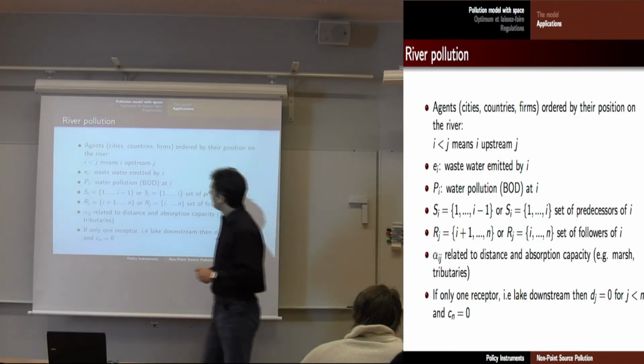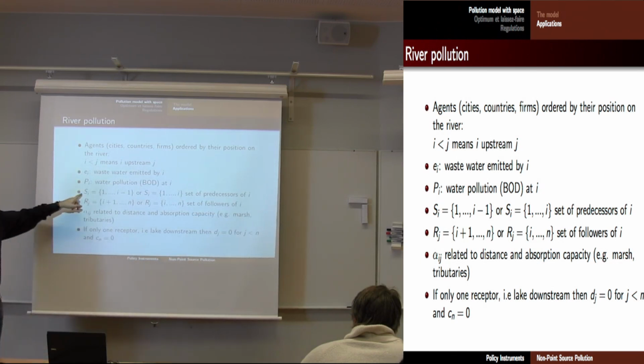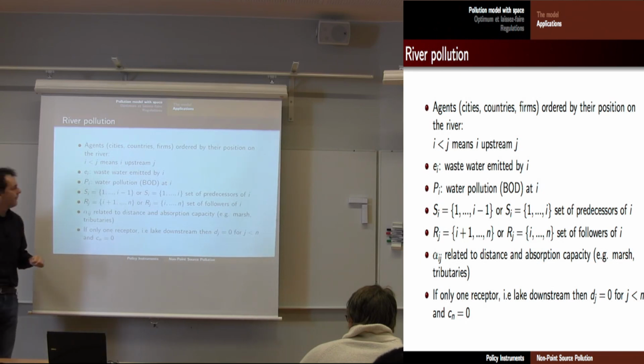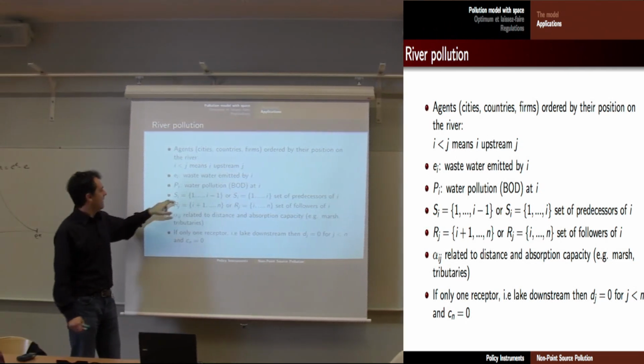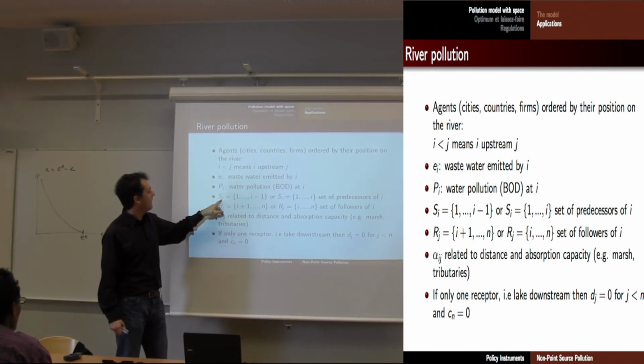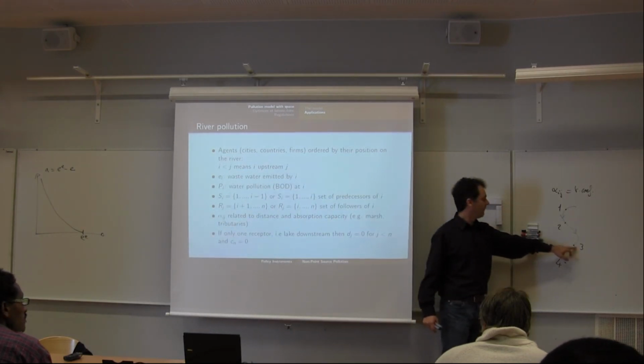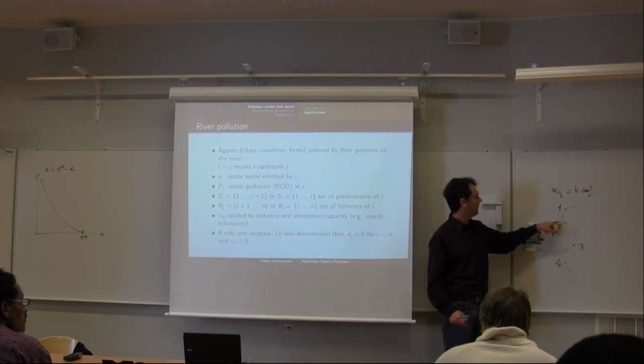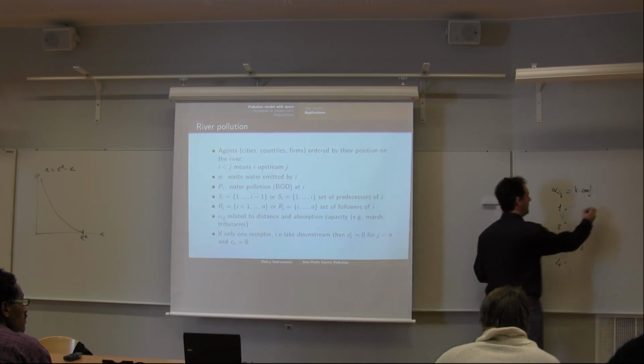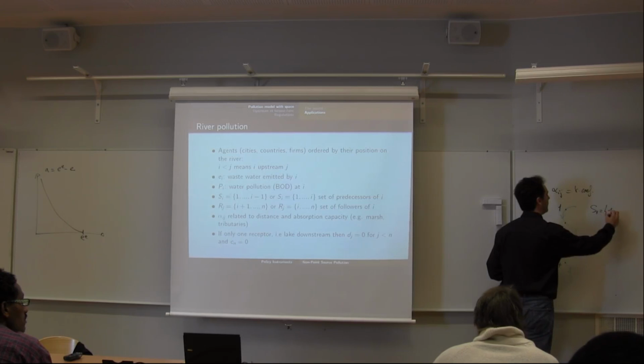Then you can define the set of receptors of pollution as follows. Each agent i is receiving pollution emitted by people located upstream. So for agent 3, the source of pollution at 3 is the set 1, 2. So S of 3 is 1, 2.